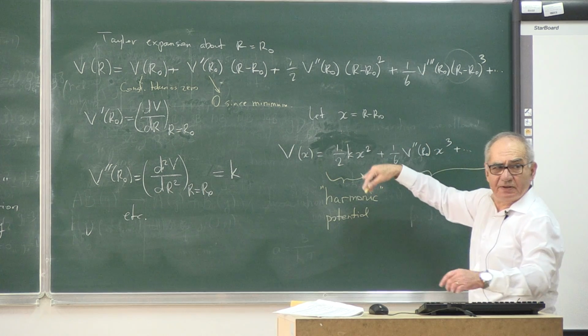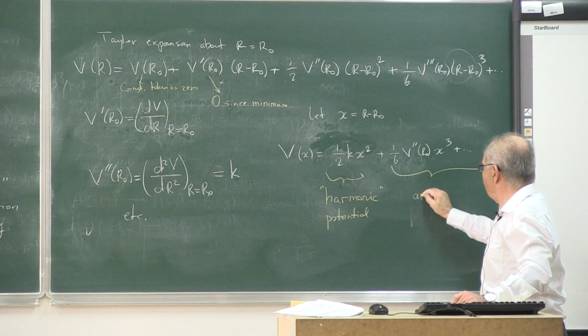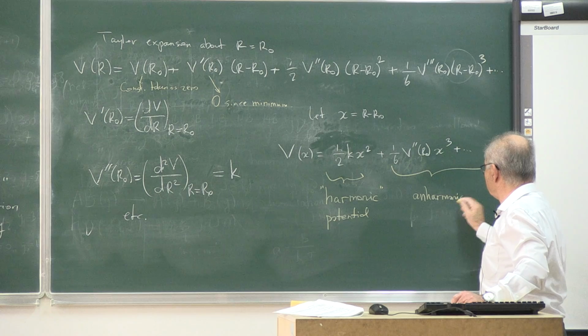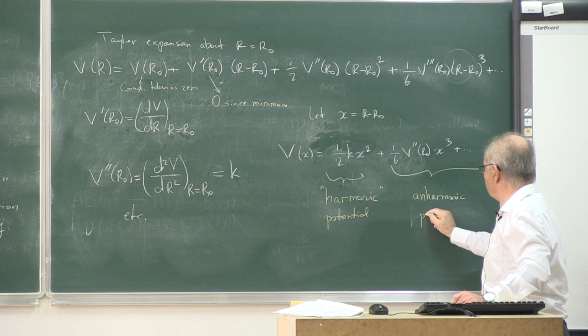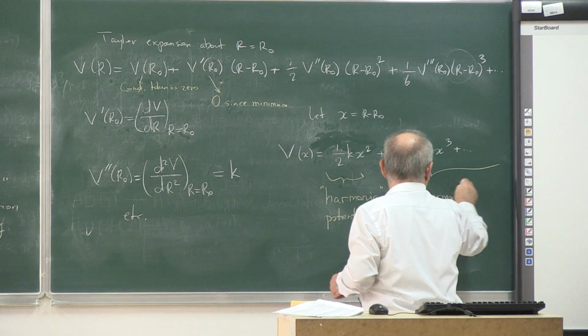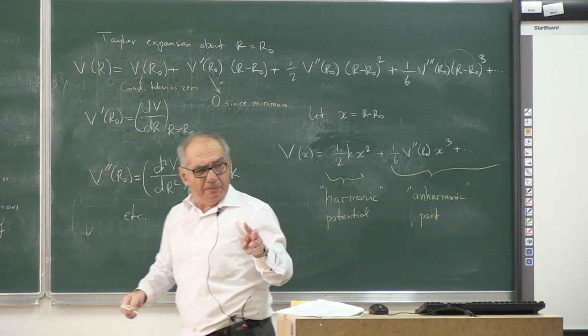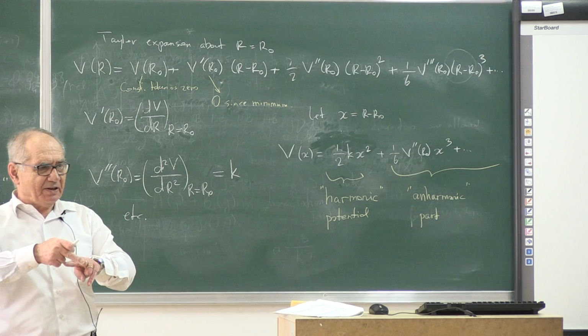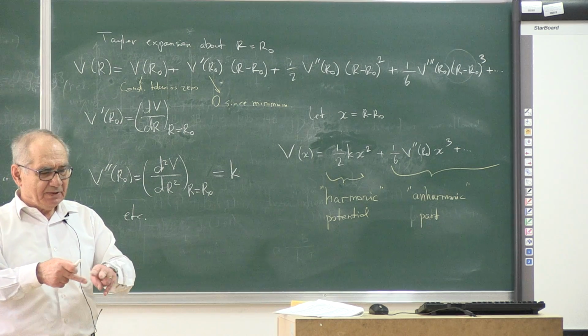The remaining part is called anharmonic. Therefore, there are just two terms here. One is harmonic, the other is anharmonic.